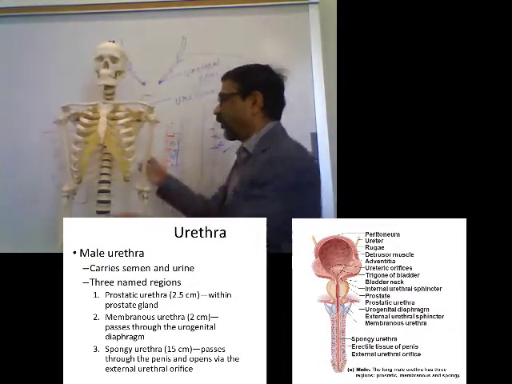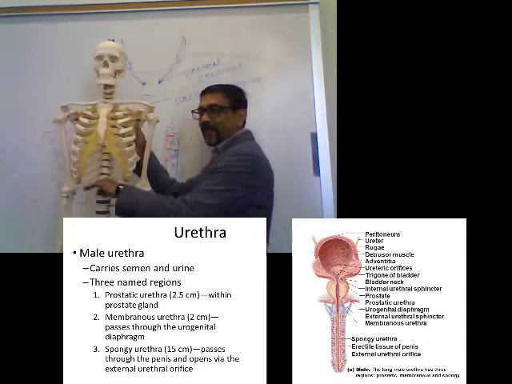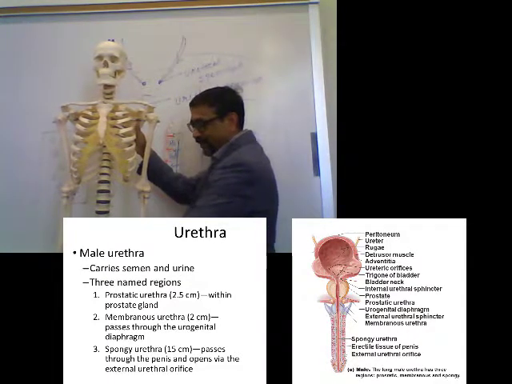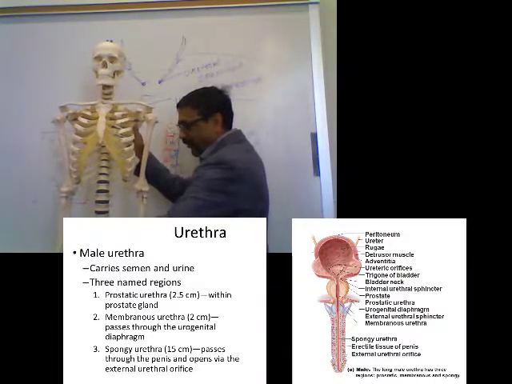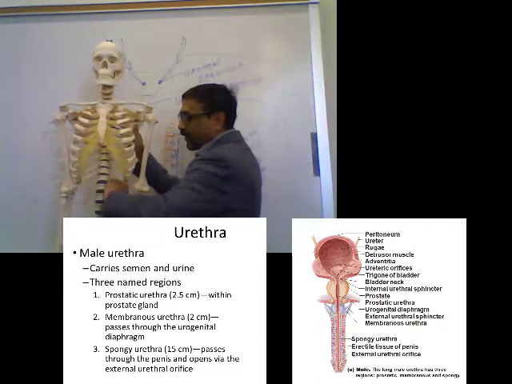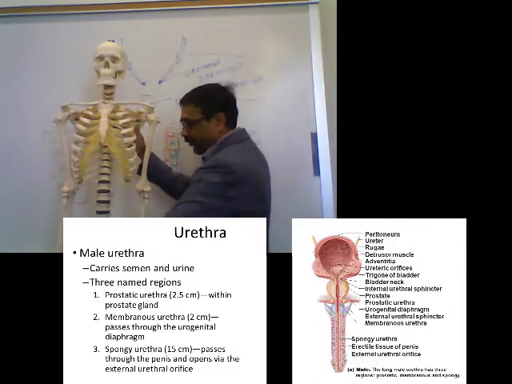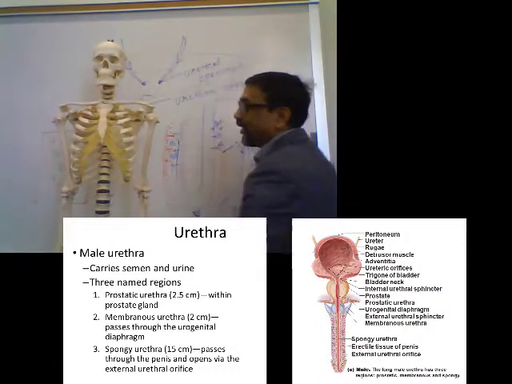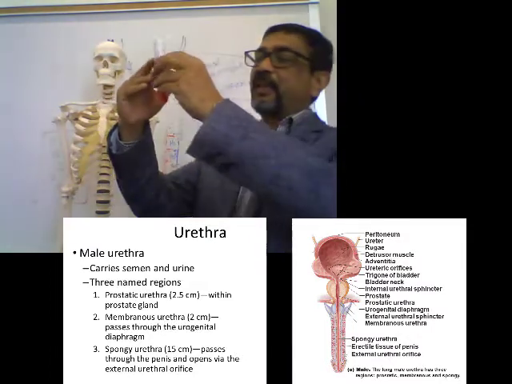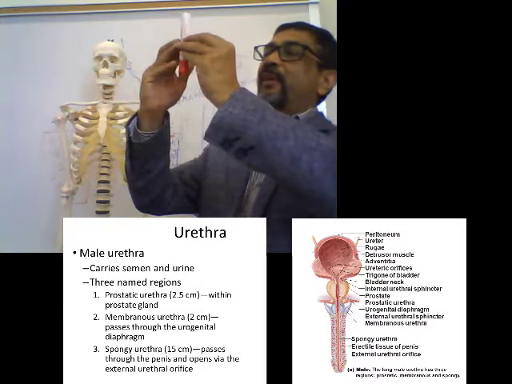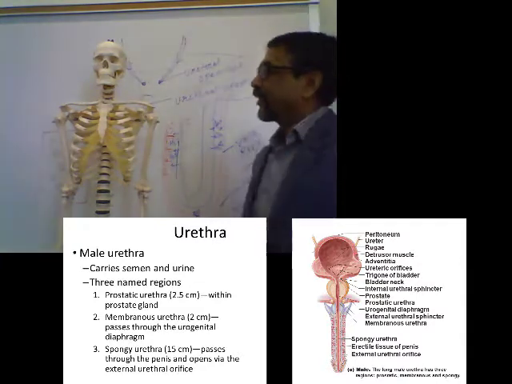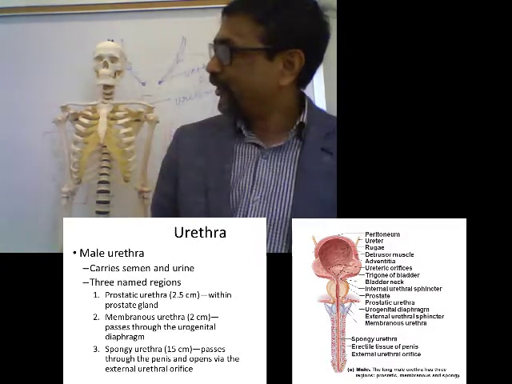One you already know, the big one is here, right? Diaphragm here, and another diaphragm is here. That is much smaller diaphragm, but both are flat muscle. Diaphragm is like this, urogenital diaphragm is like this. See. And this is urogenital diaphragm, and the part of urethra inside is the membranous urethra, this part only. And the last part is the spongy urethra.